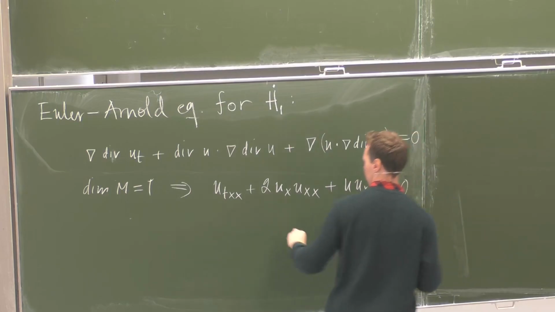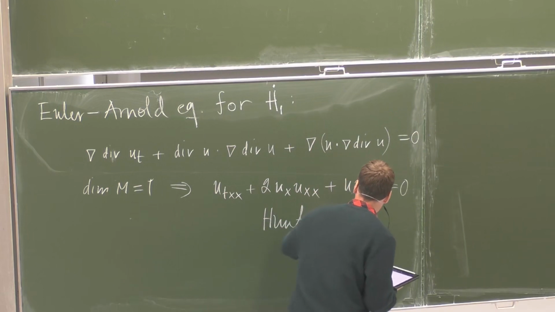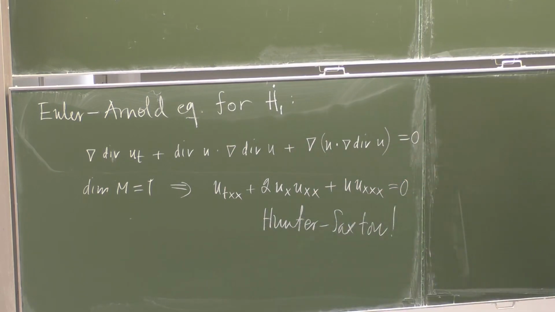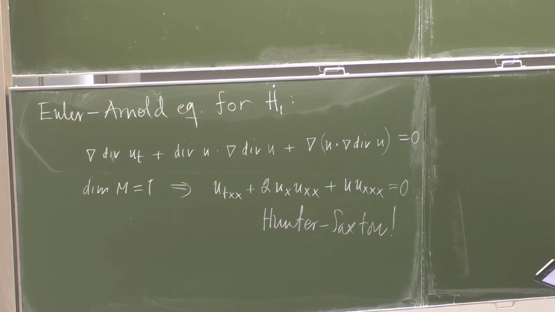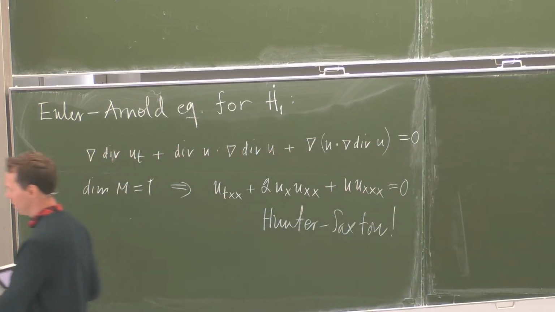This is the Hunter-Saxton equation. So that is the connection between the Hunter-Saxton equation, which was developed in physics as a kind of equation for describing the vector fields, if I understand. And here, via geometry, you get this beautiful connection to Fisher-Rao.